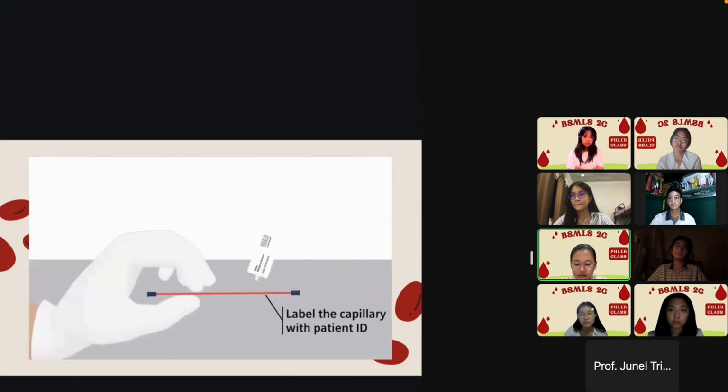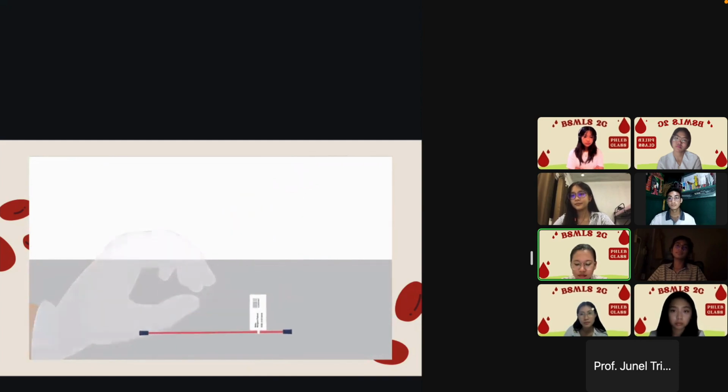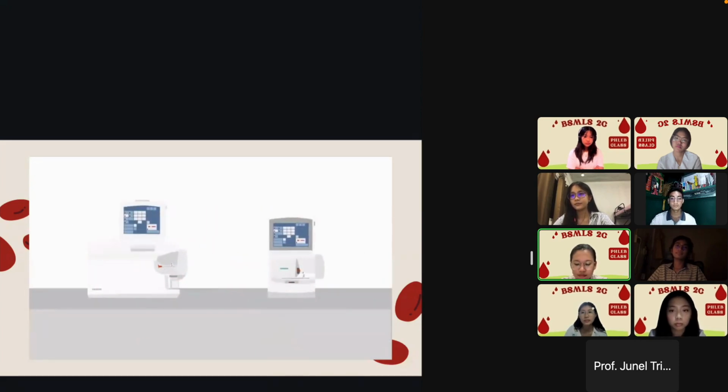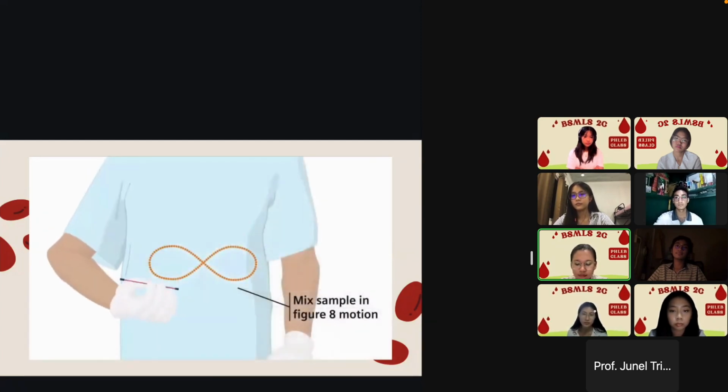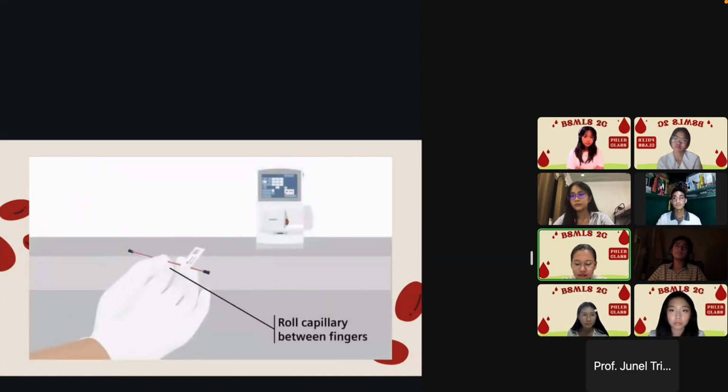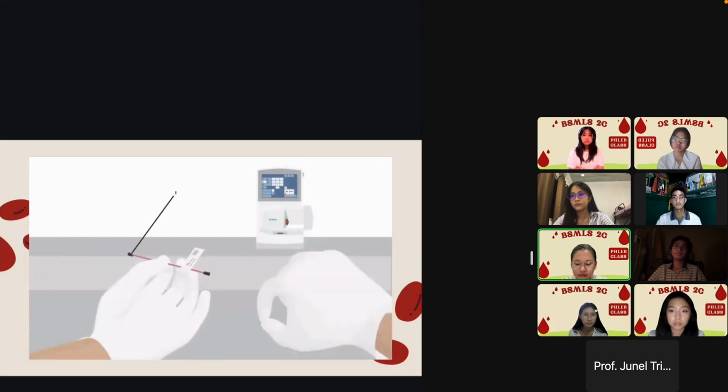Label the capillary with the patient ID and immediately transport the capillary to a Siemens Healthineers blood gas system. Follow a two-step mixing process, first by rotating your wrist back and forth, and then rolling the capillary between your fingers about 10 times. Remove the caps from the capillary.